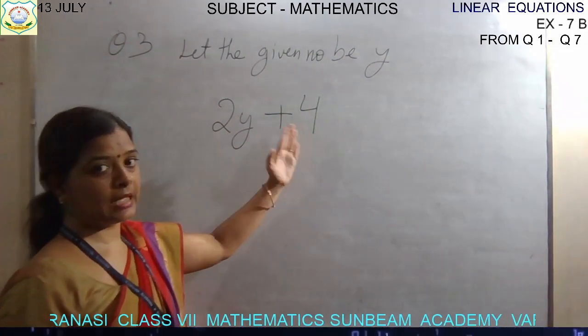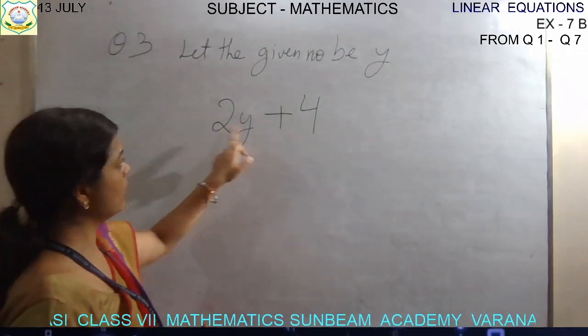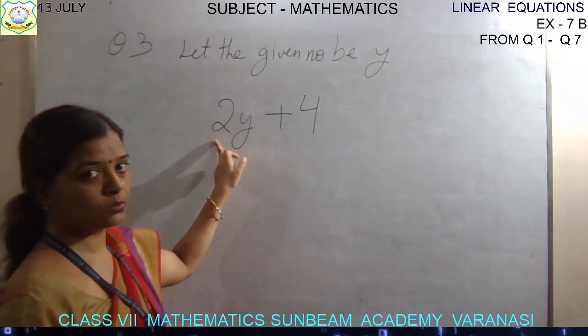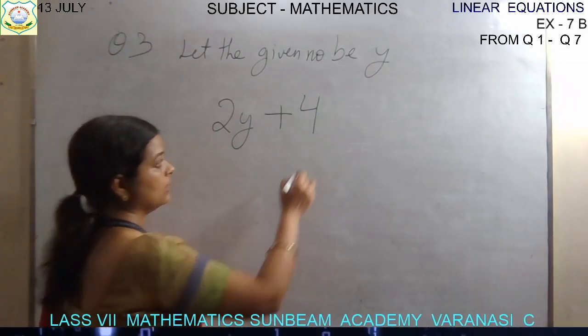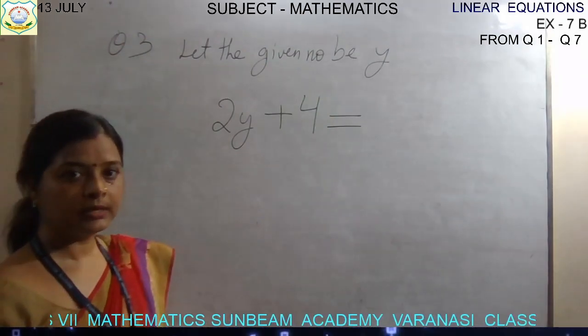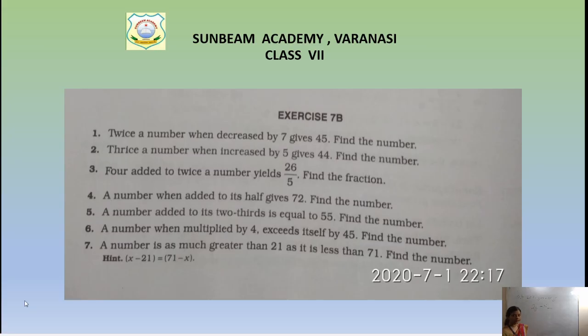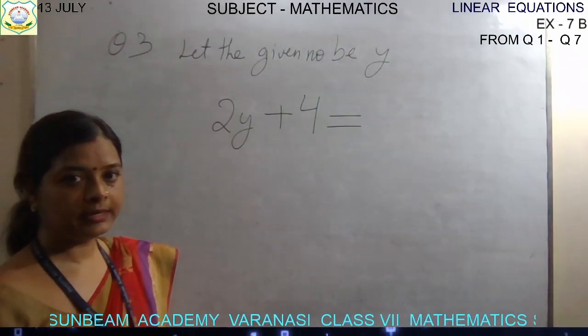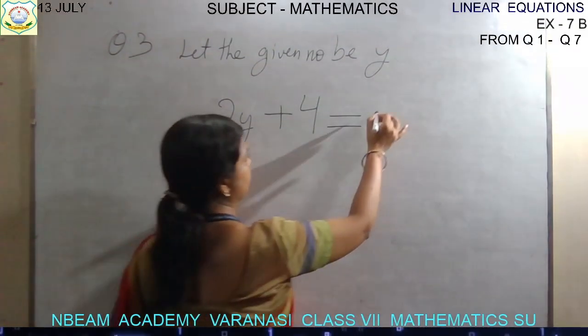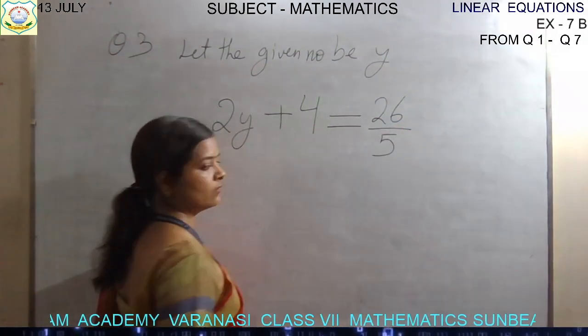4 added to twice the number yields, equal to how much, children? Let's see the question. It yields 26 by 5. So write down 26 by 5.